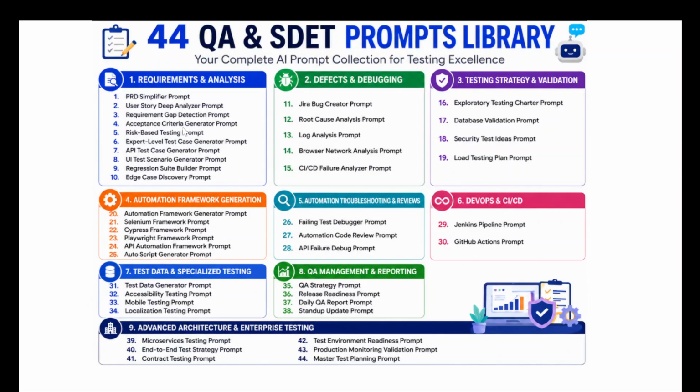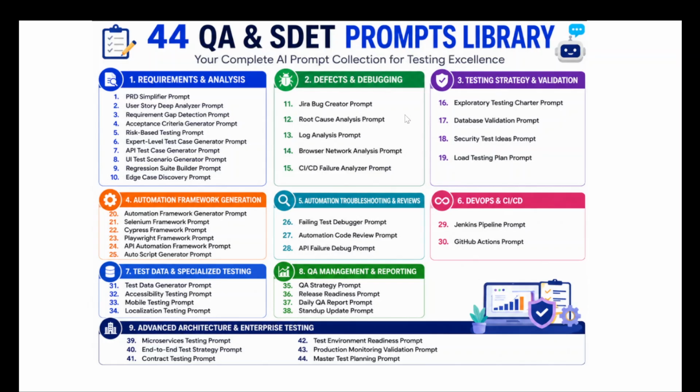That is called the acceptance criteria generator prompt. There is a risk based testing prompt. For manual QA, if you want to generate test cases from requirements, I have also created one expert level test case generator prompt, an API test cases generator prompt and a UI test cases generator prompt as well. Similarly, an edge case discovery prompt is also there. I will show you all the prompts.